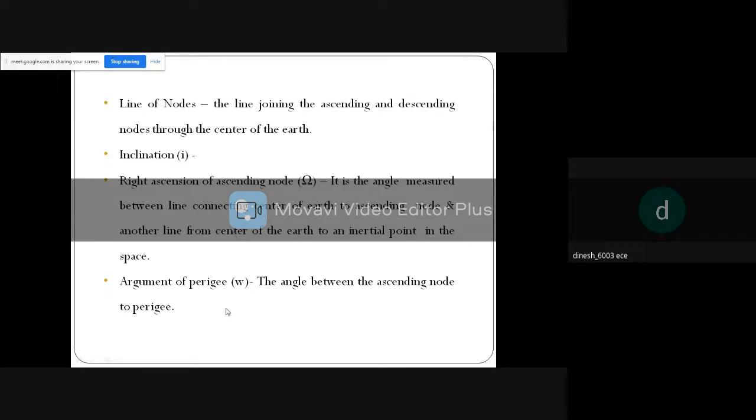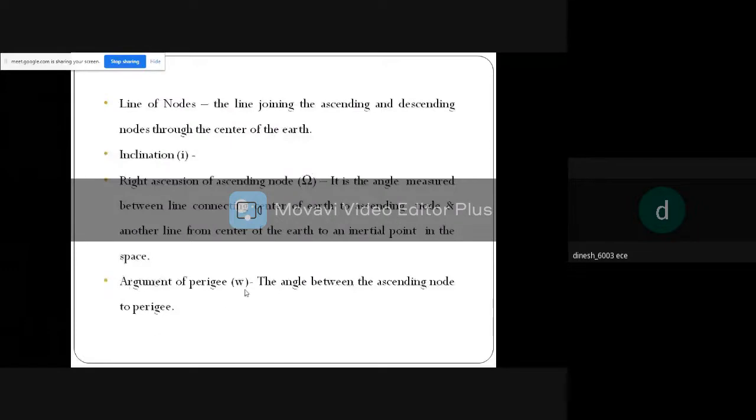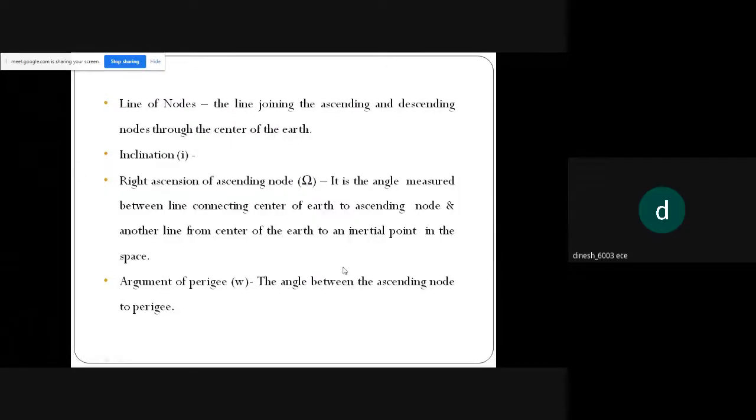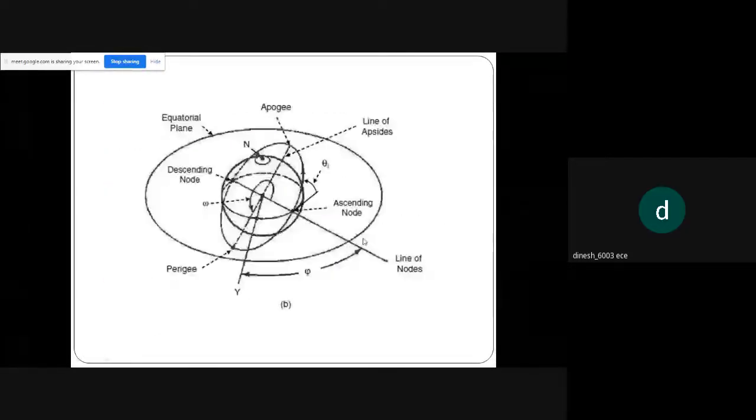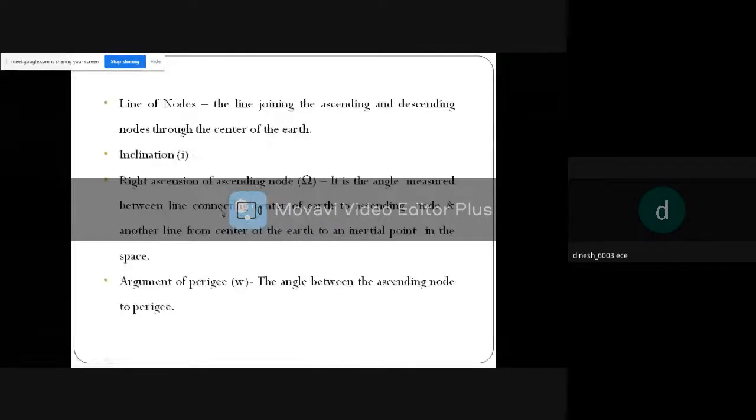Then we have the argument of perigee, measured as omega. It is the angle between the ascending node and the perigee. So this is your ascending node, and from here to the perigee, this angle is called the argument of perigee.